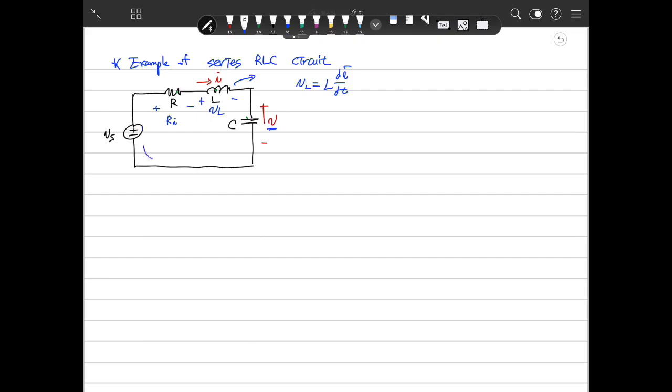So based on the loop, the KVL, we define minus VS and plus RI and plus VL and plus V equal 0.